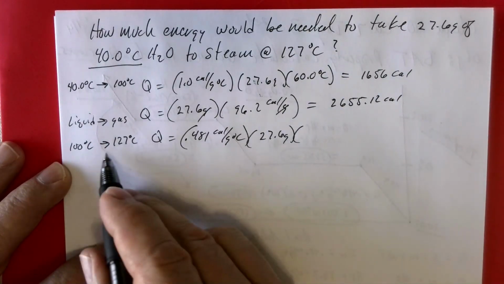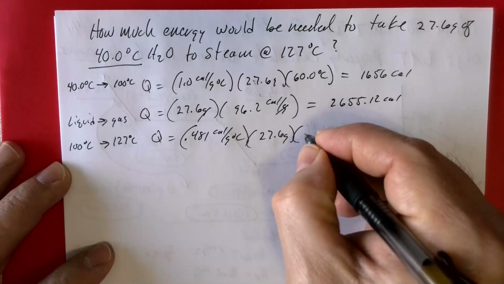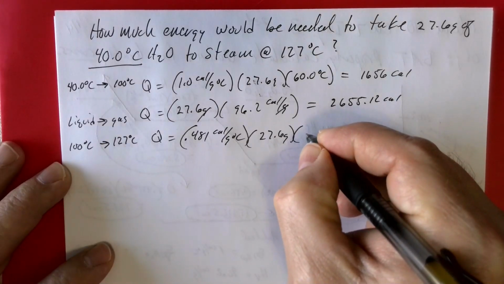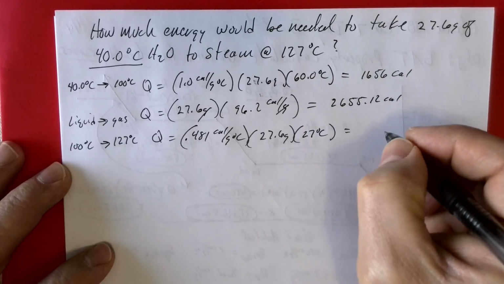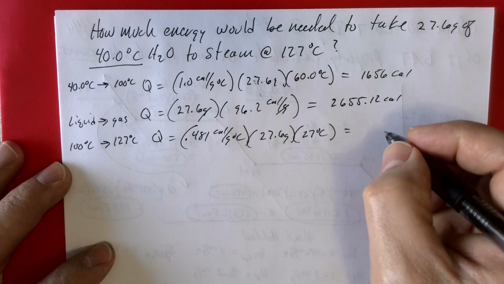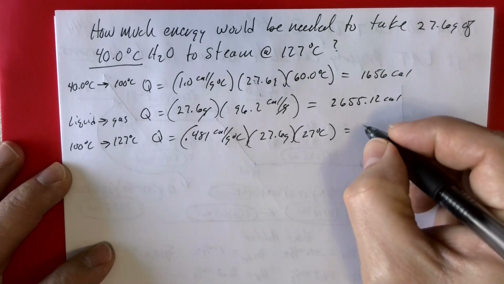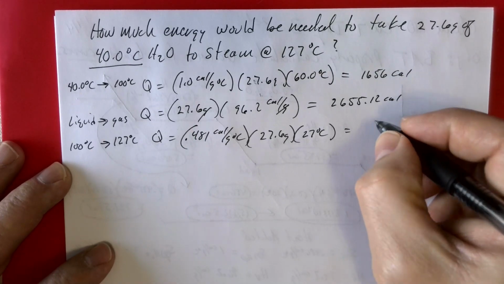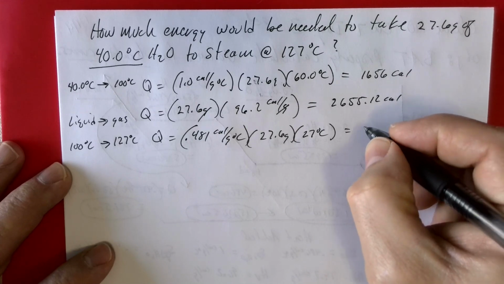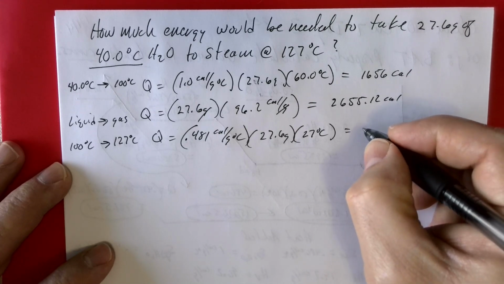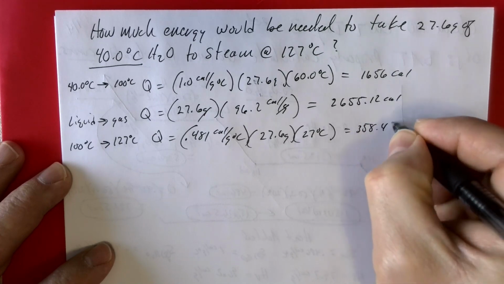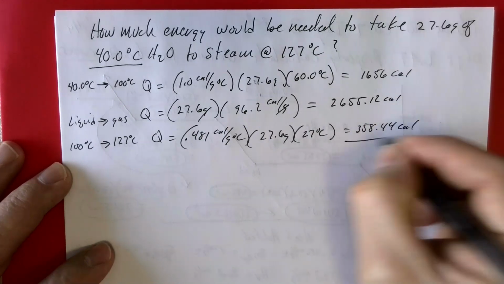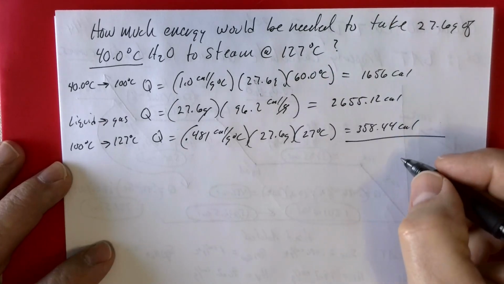My delta T, though, now is what? 27 degrees Celsius. I do that math, and I get what out? .44 calories.